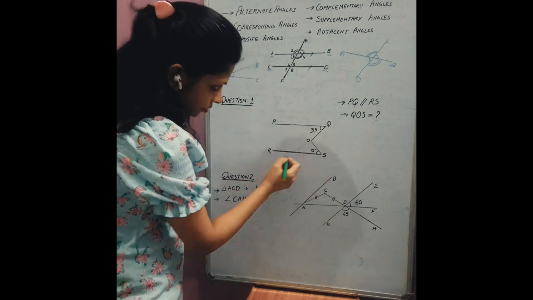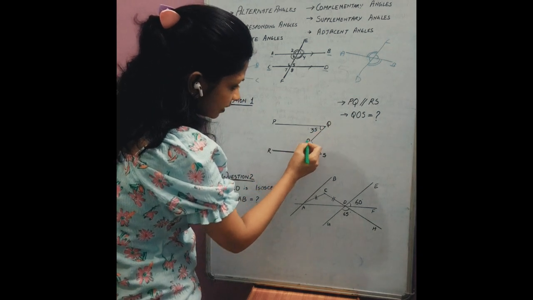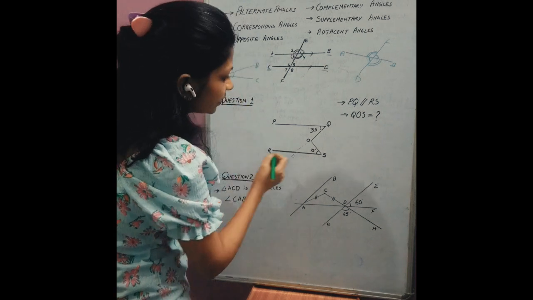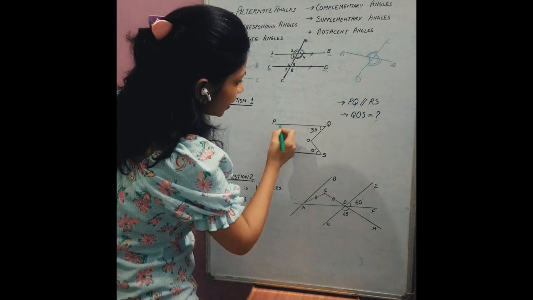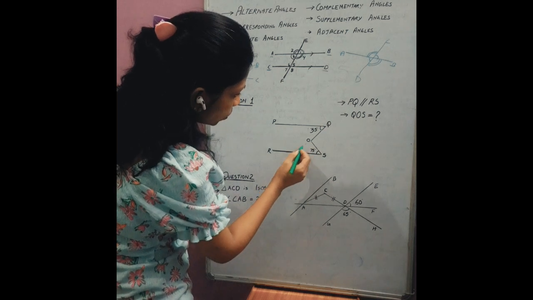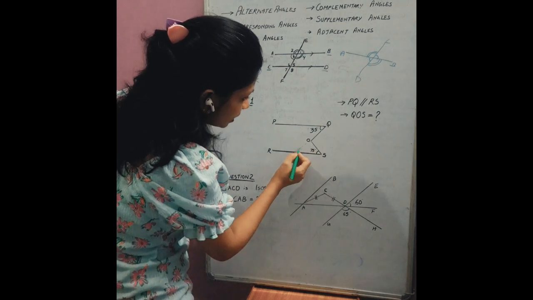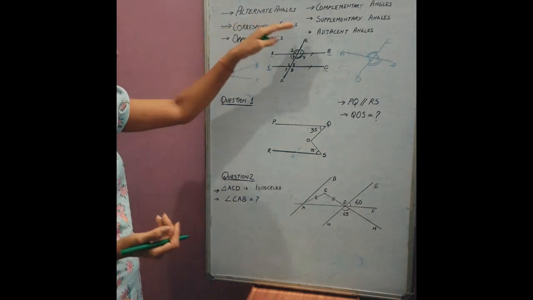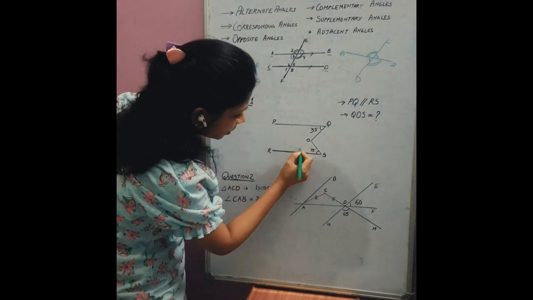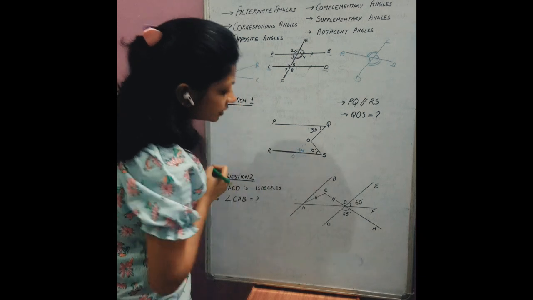So when I extend the line Q, let this point be, say, D, then here angle PQD and angle ODS become alternate angles, and we know, as we've done, that alternate angles are equal. So this angle comes up to 35 degrees.